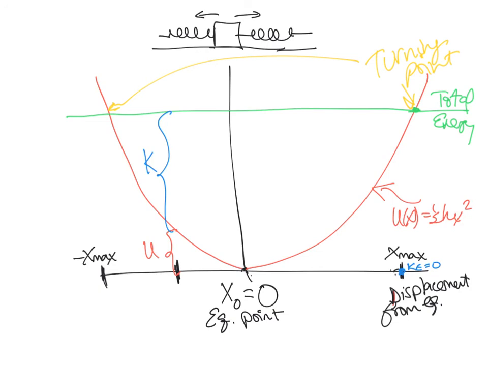If you take any point on this potential energy function, here you go, it's a positive slope, so the force is going to be that way. Negative.